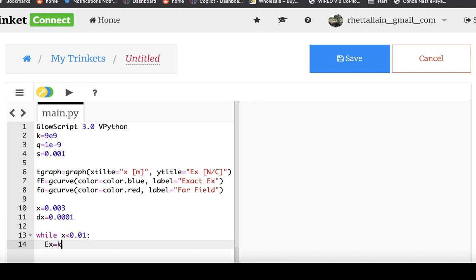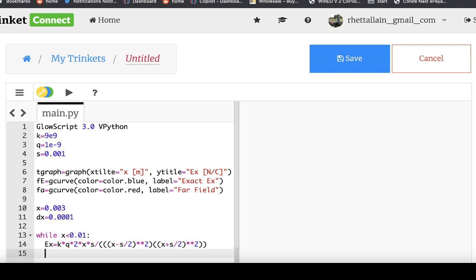It's going to be equal to K times Q times 2 times X times S divided by parentheses X minus S over 2 squared. And here I get scared. I'm going to put an extra parentheses right here. Over parenthesize times parentheses X plus S over 2 squared. That's that one, okay.